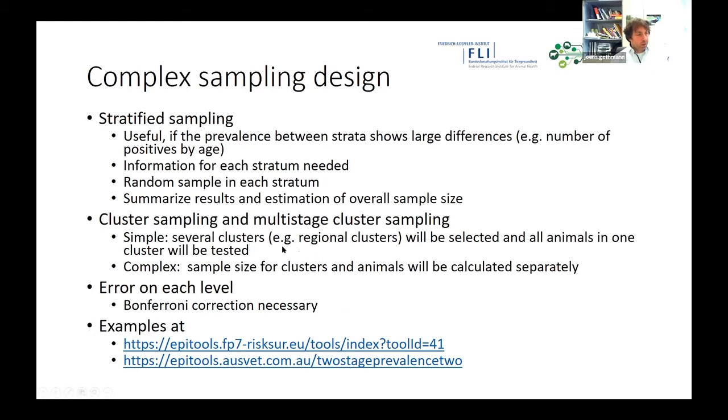So these sampling designs can be very challenging in designing, in calculation of the sample size, as well as in performing it on the farm level or on the cluster level.